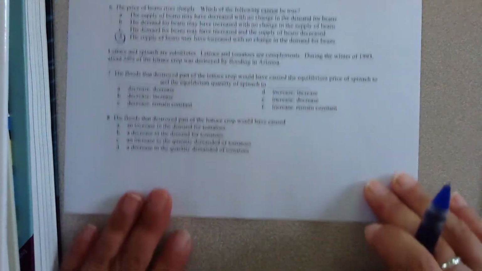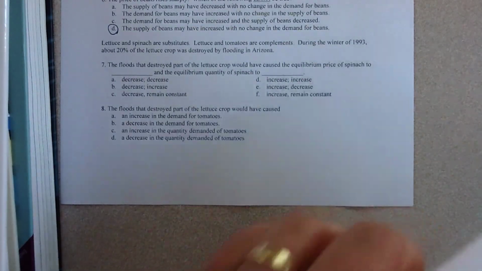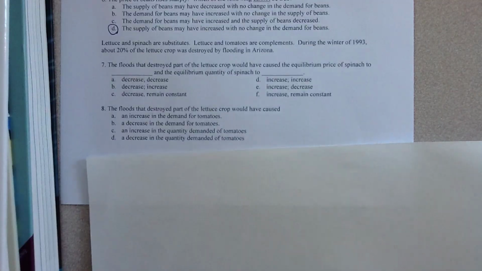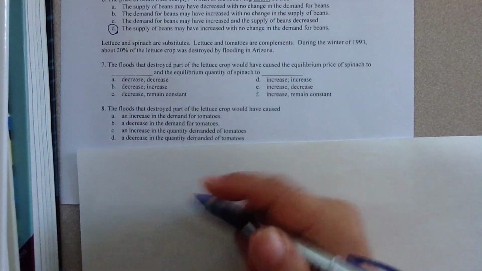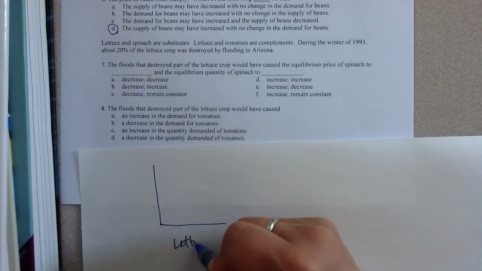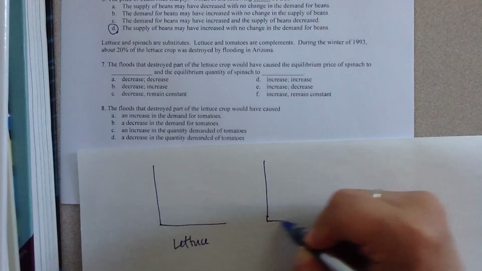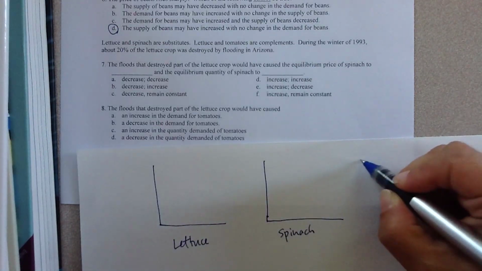And then this last pair of questions is looking at this lettuce and spinach, lettuce and tomatoes situation. So 20% of the lettuce crop was destroyed. So we want to think about lettuce, spinach, and tomatoes.